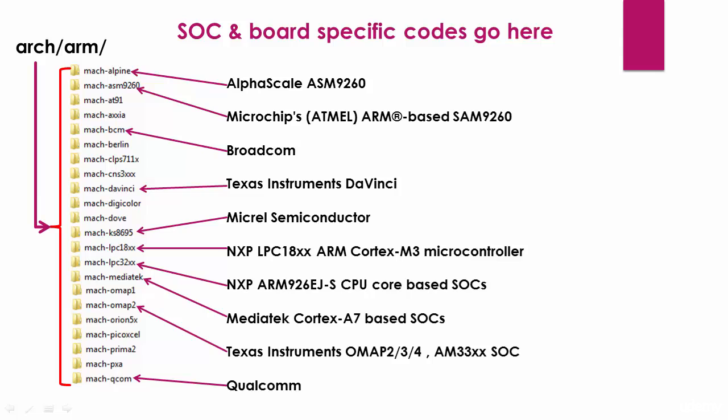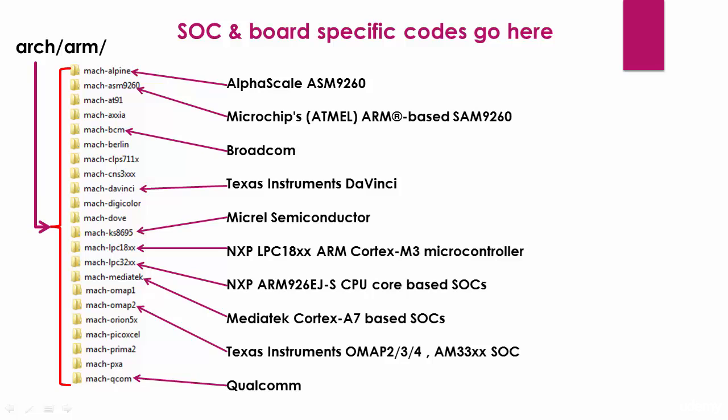All right, the code related to Texas Instruments DaVinci family of SoCs will live in this directory. The SoC specific codes related to, let's say, Qualcomm's SoCs will go into this directory. So basically, every vendor of the SoC has their own machine directory to keep their SoC specific source codes which are needed to work with SoCs produced by the vendor.